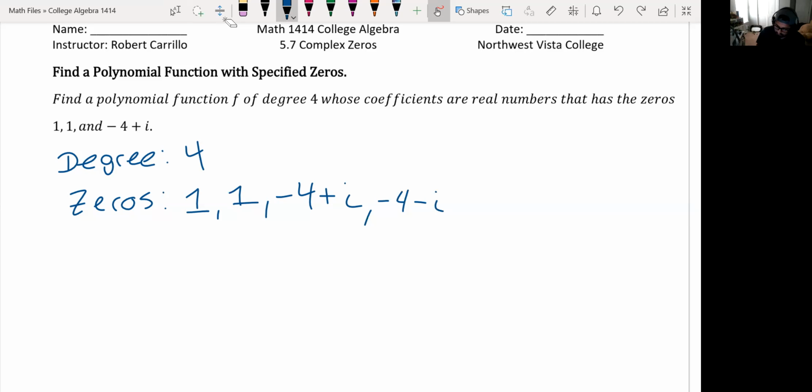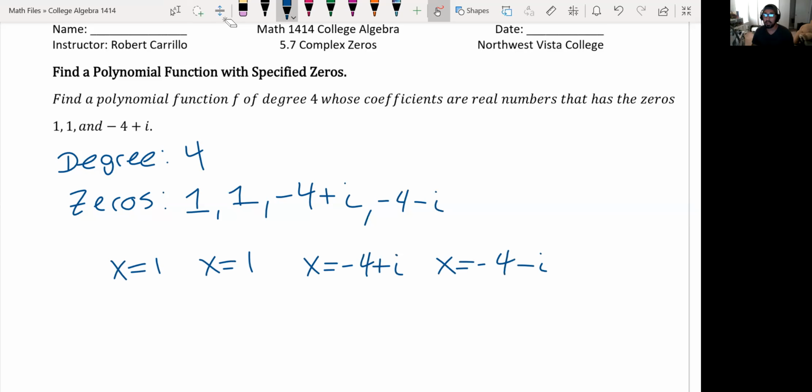So remember that first, our zeros are given by x equals 1, x equals 1, x equals -4 plus i, and x equals -4 minus i. Okay, so when I say work backwards, I mean for x equals 1, take that 1 and move it back to the left. So you'd have x minus 1.